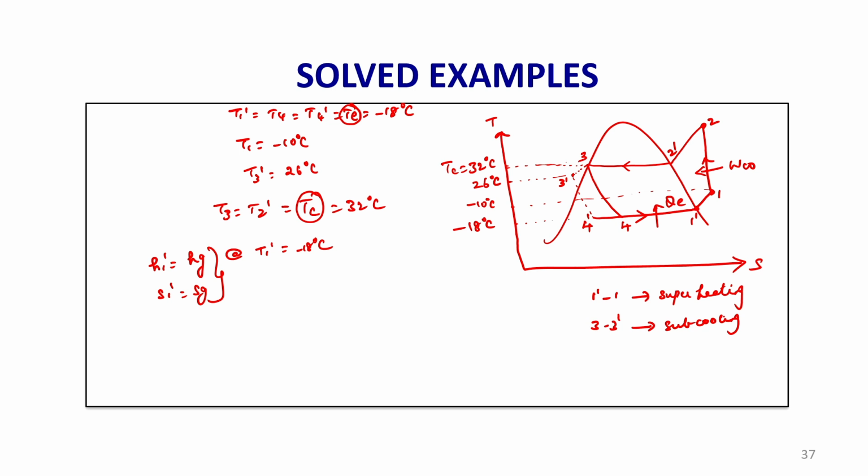Now, how to find the enthalpy at 1? This is state 1 dash. Enthalpy at 1 is equal to enthalpy at 1 dash plus Cp of vapor into delta T, T1 minus T1 dash, and this Cp of vapor is taken at the average temperature of T1 plus T1 dash by 2, the same procedure.